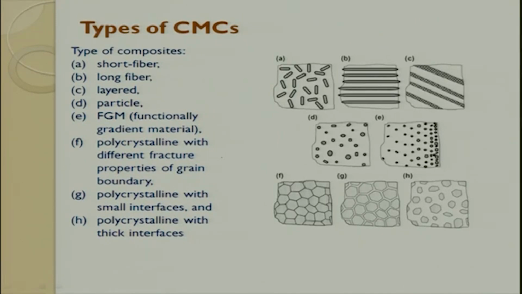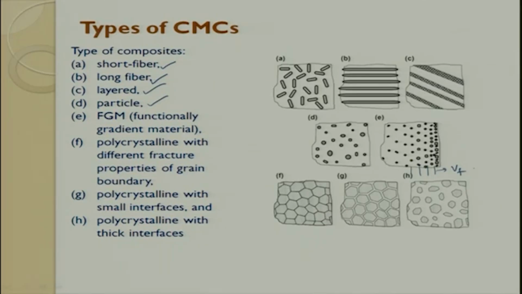So, what are the different types of ceramic matrix composites? It can be short fiber, long fiber, layered, particulate, or functionally graded ceramics. Look at the functionally graded ceramics. If you see layer by layer, the volume fraction of the reinforcement keeps changing.